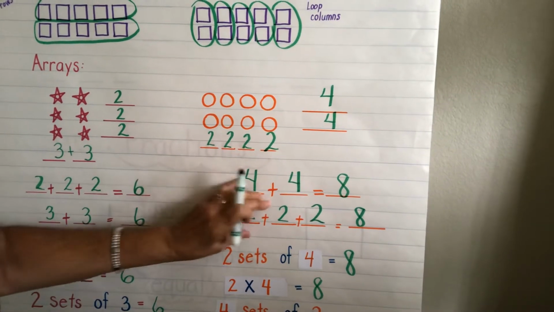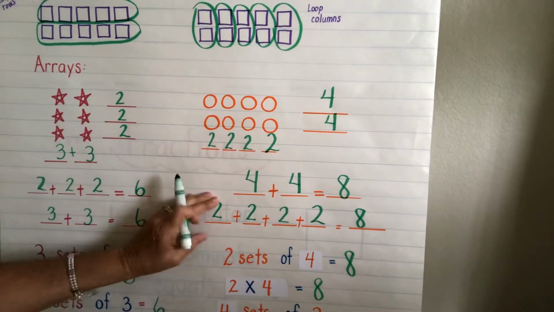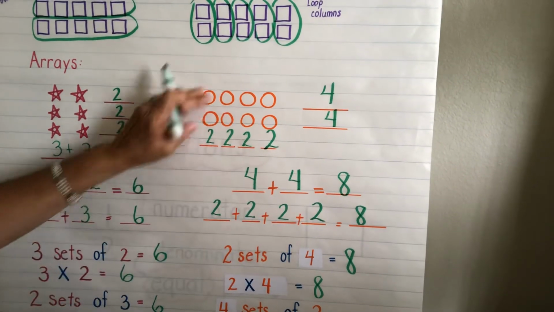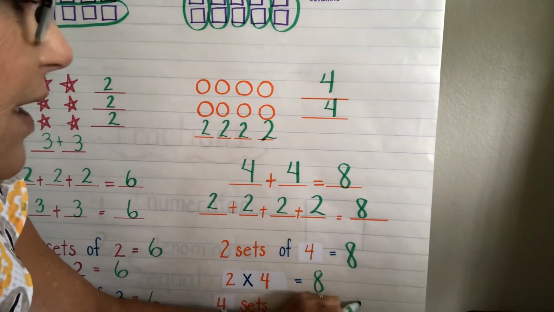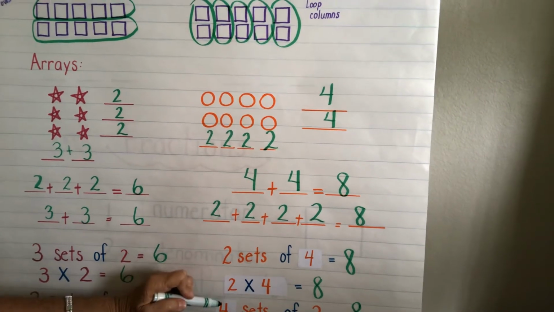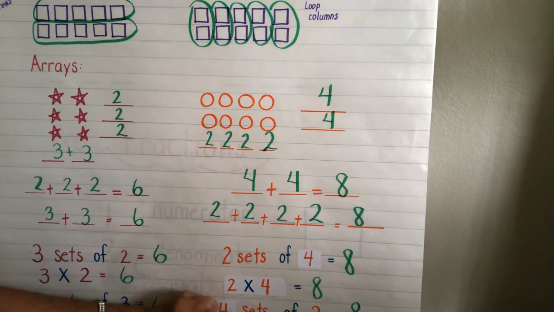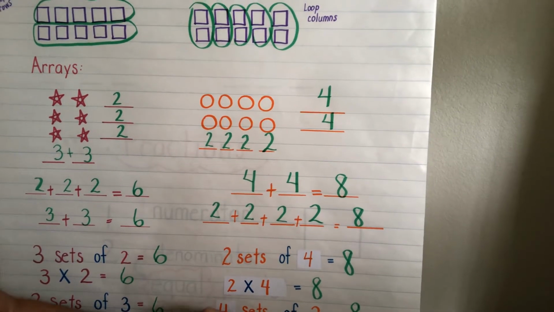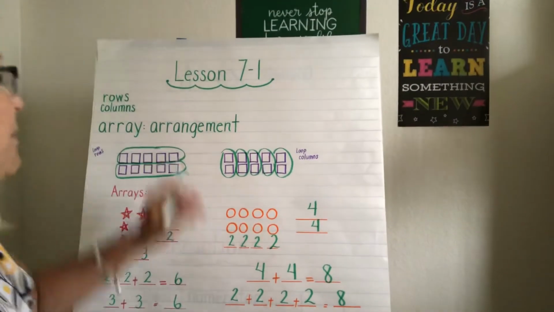I've got 4 sets of 2. There's 1, 2, 3, 4. I've got 4 sets of 2. So I know that equals 8. So I can write that again as the 4, the word of means multiply, and 2 equals 8.